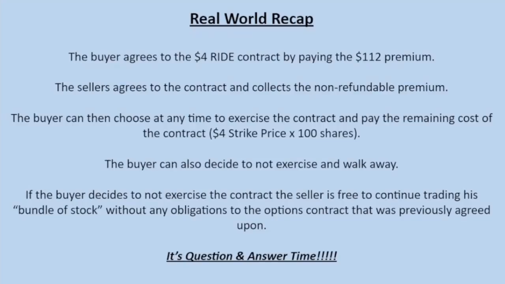Because if the price doesn't get met, more than likely it's not going to be profitable for that buyer to exercise the contract. So I just collected a premium. But again, you're gambling with that notion.